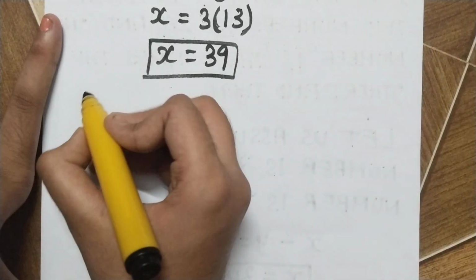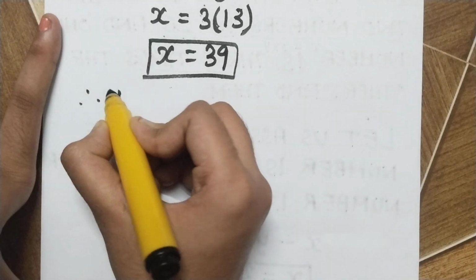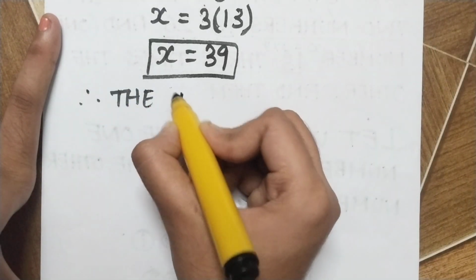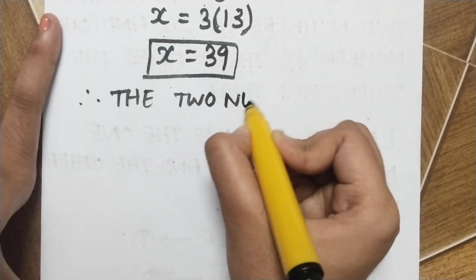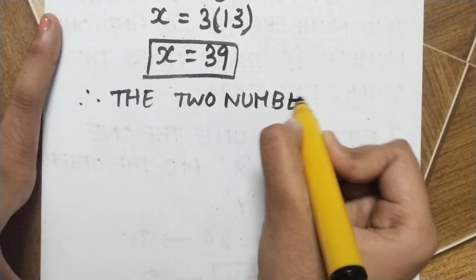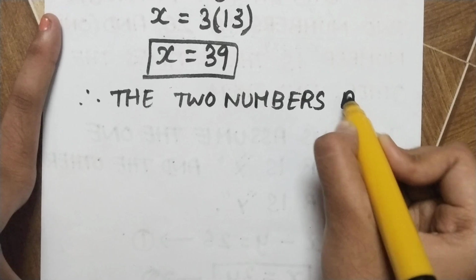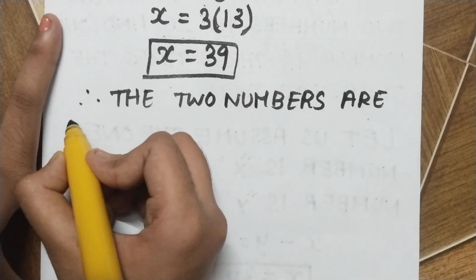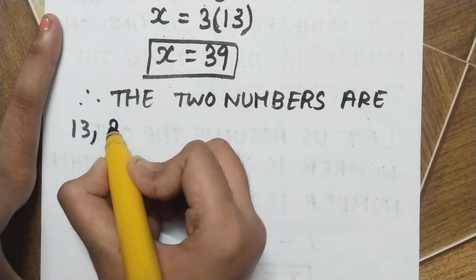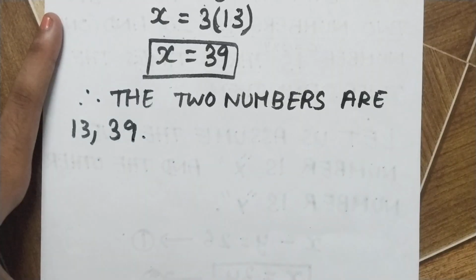So at last I can write the two numbers are 13 and 39. Clear?